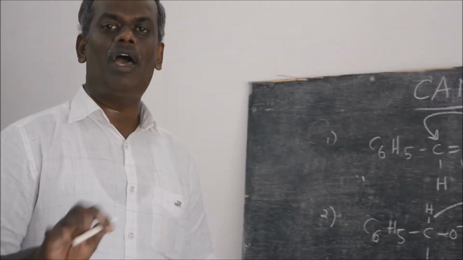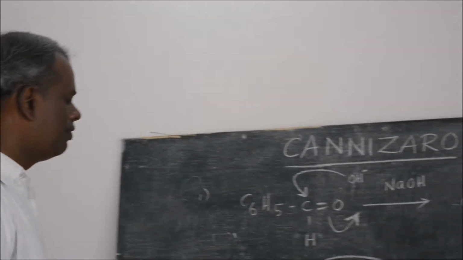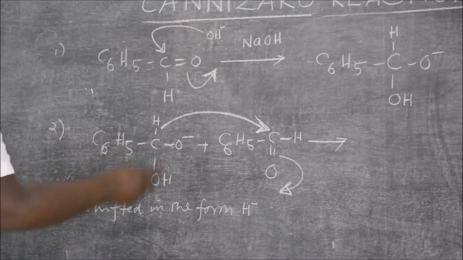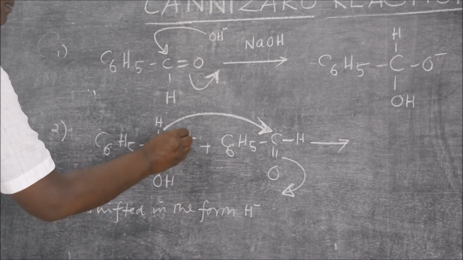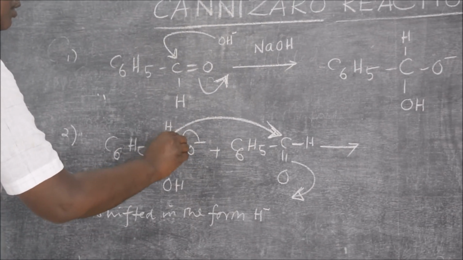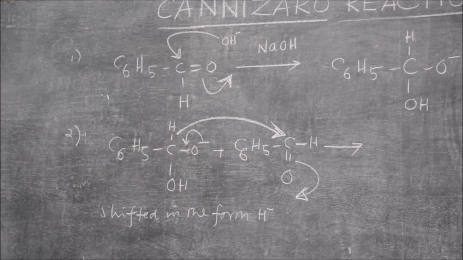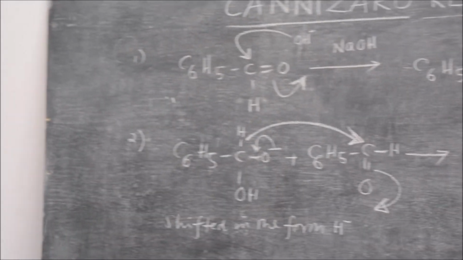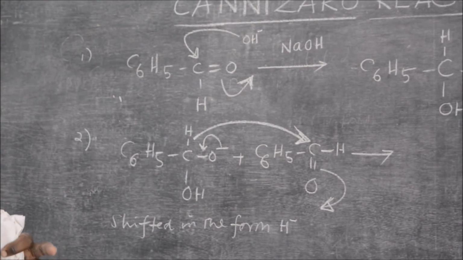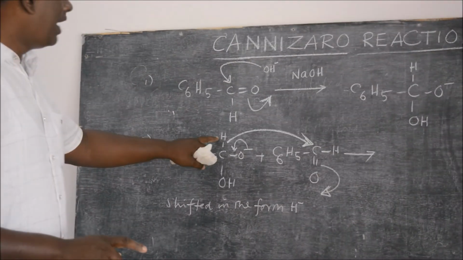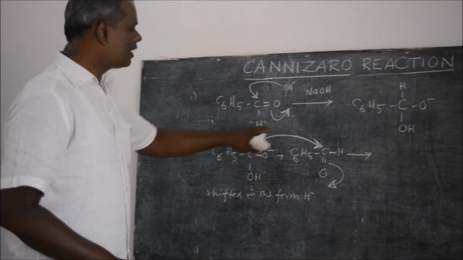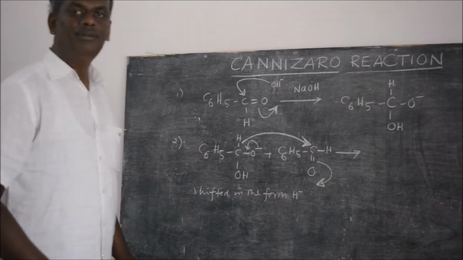And always the valency of carbon atom is equal to 4. To have the valency 4, there is a need of one more bond. How is that compensated? The electron pair lying on the oxygen is moving towards this side. So there will be a new bond between the carbon and oxygen. So these are all happening in parallel. I repeat, the hydrogen is given to the carbon with the electron pair and it is making a bond.